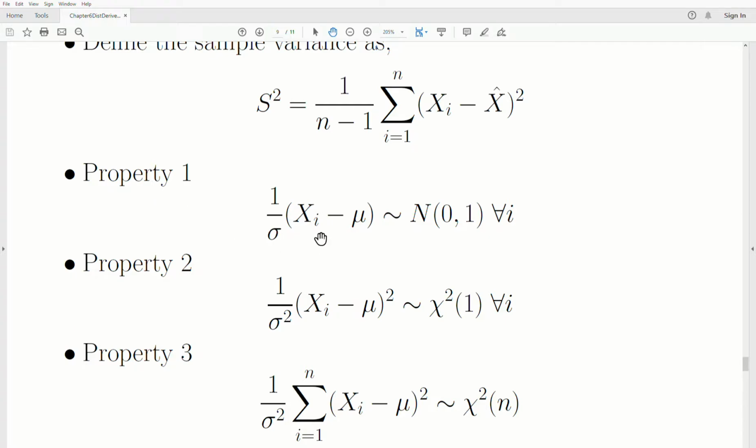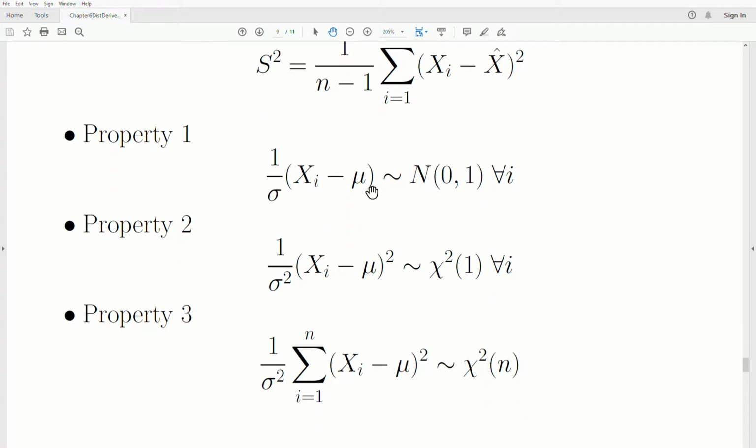Property 1: if we take a normal random variable, subtract its mean, and divide by the standard deviation, that transforms it into a standard normal random variable, for every X. If we square a standard normal random variable, we get a chi-square distribution with 1 degree of freedom.